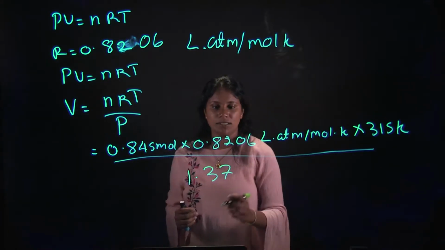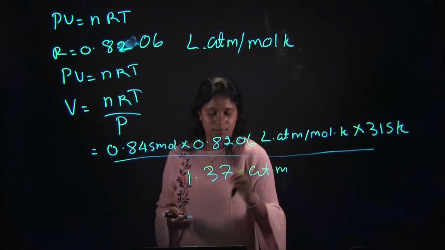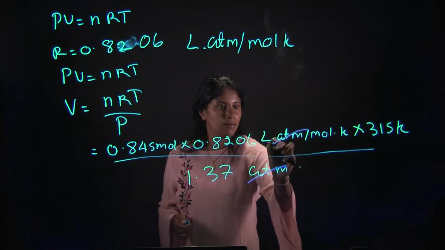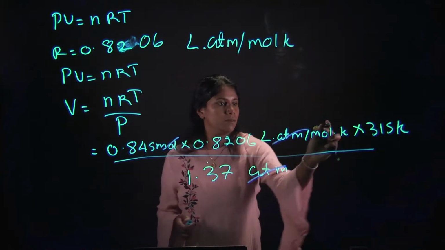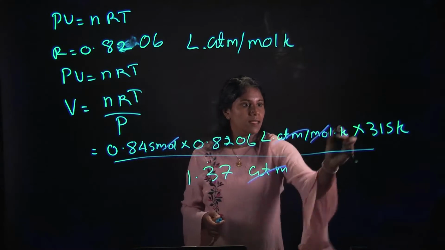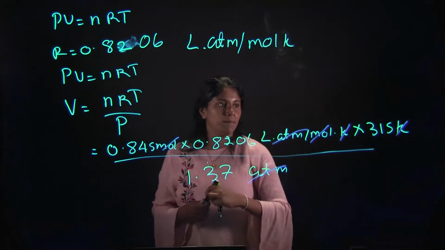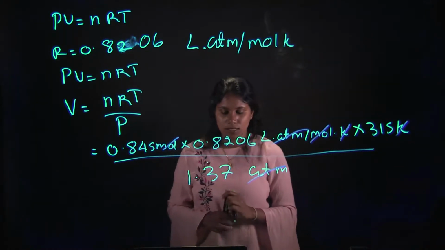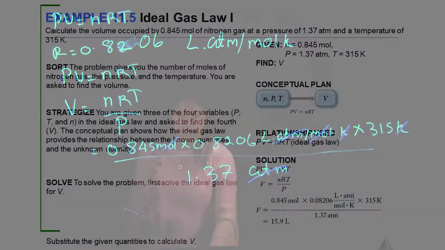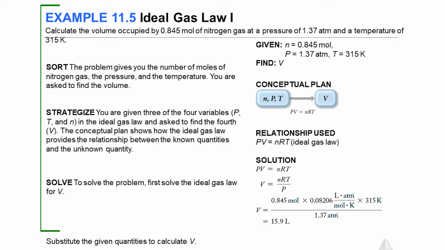Once you substitute the terms, you'll see atm cancels, mole cancels, Kelvin cancels, and you have only liters remaining. If we look at the detailed answer in the PowerPoint, your answer is 15.9 liters. So that is the volume using the ideal gas equation.